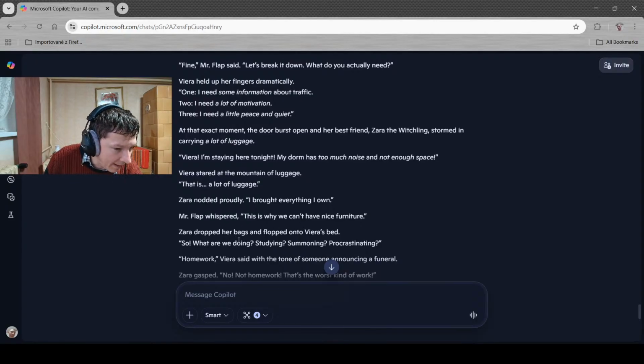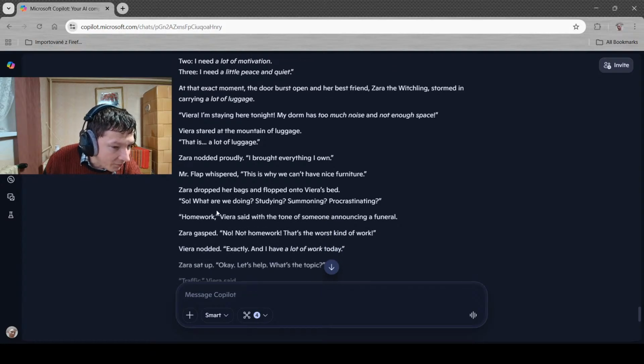Zara dropped her bags and flopped onto Viera's bed. "So, what are we doing?" "Studying, summoning, procrastinating, homework," Viera said with the tone of someone announcing a funeral. Zara gasped. "No, no, homework. That's the worst kind of work." Viera nodded. "Exactly. And I have a lot of work today."